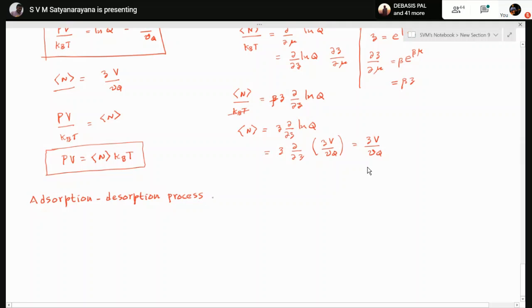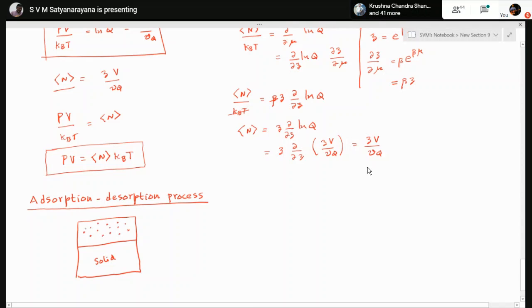So the model that we are going to look at is you have some kind of a chamber, and then there is a kind of a solid. So it's a crystalline solid, and then you have some gas.